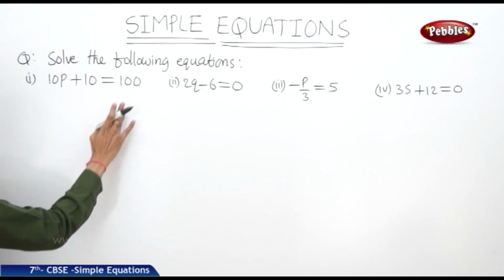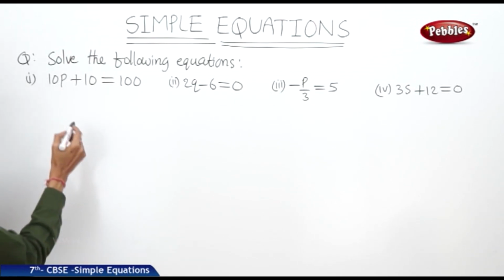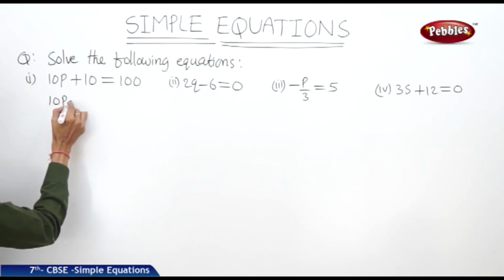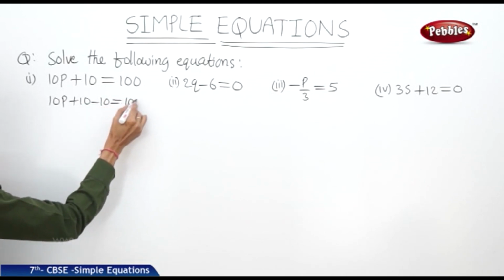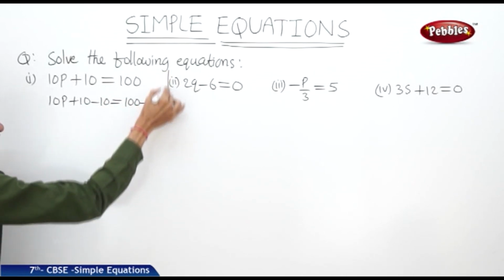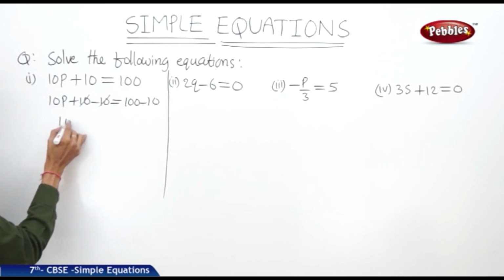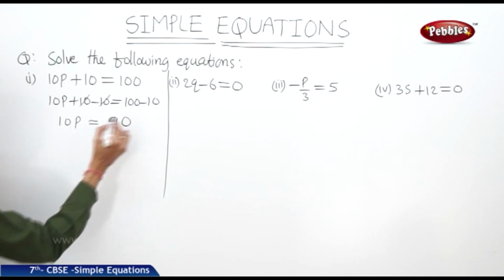By applying minus 10 on both sides. So we subtract 10 from both sides, then we get 10p plus 10 minus 10 equals 100 minus 10. So plus 10 minus 10 cancel. So 10p equals 90 because 100 minus 10 is 90.